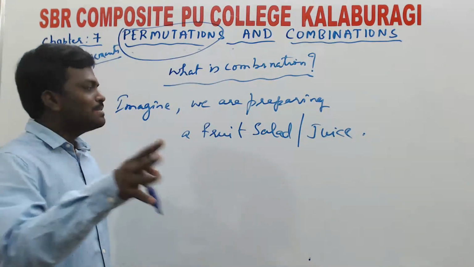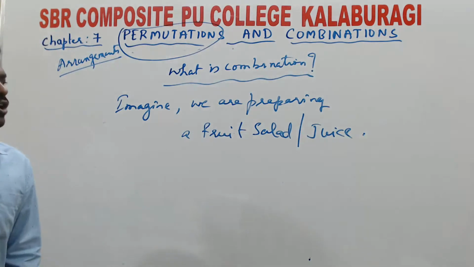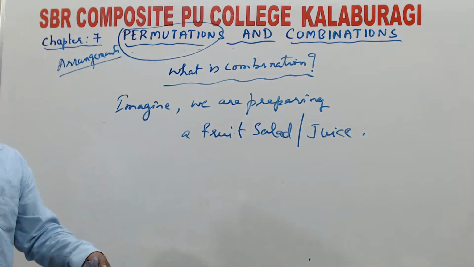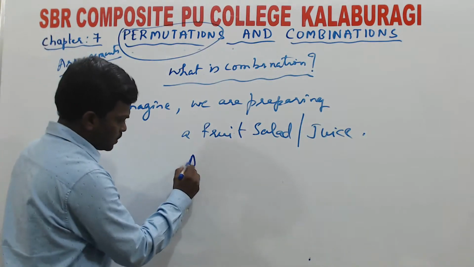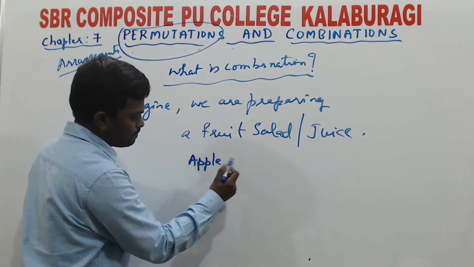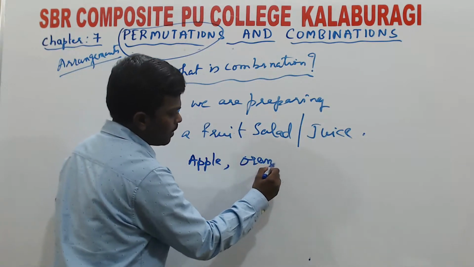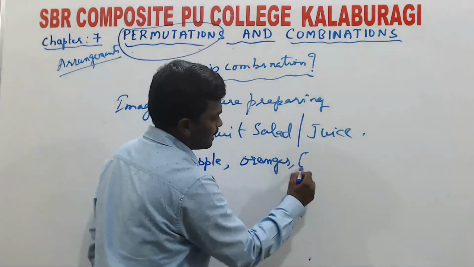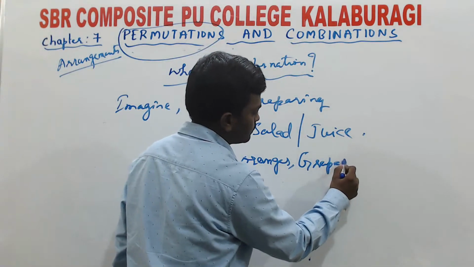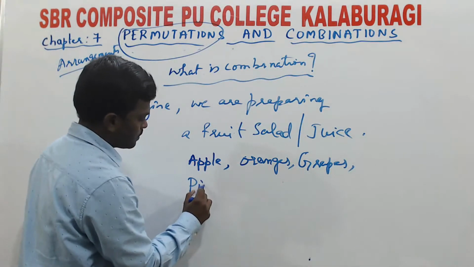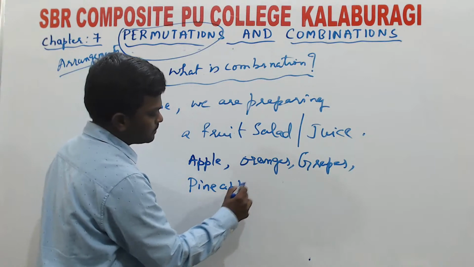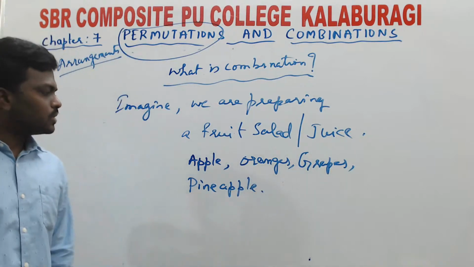Is that clear? So let me give you some fruits. Those are apple, oranges, grapes, pineapple. Is that clear, students?